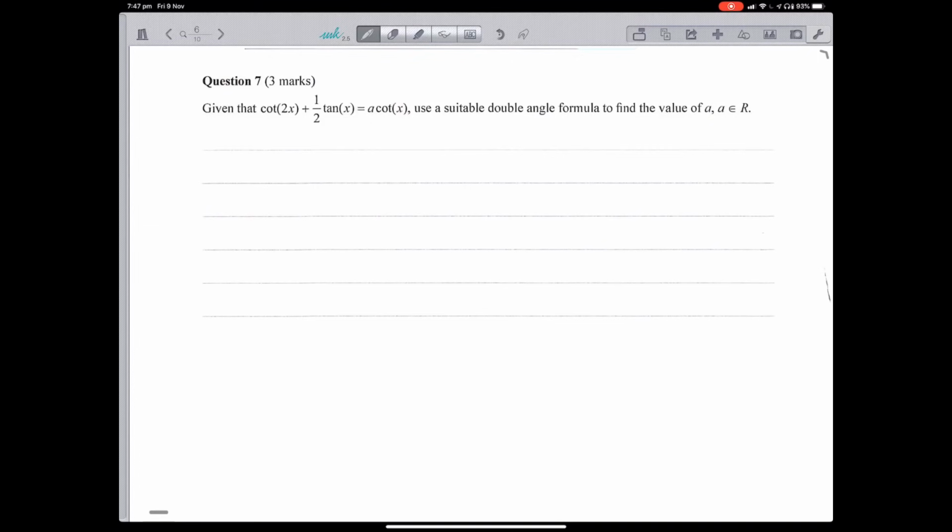Use a suitable double angle formula to evaluate the value of a. Okay, cot 2x is cos on the sine, plus 1 on 2, tan is sine x on cos x.